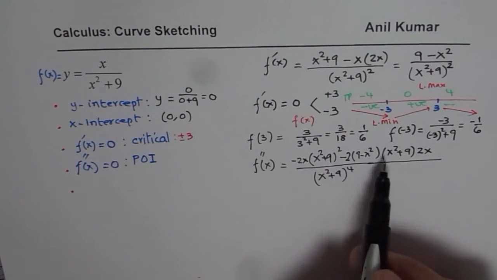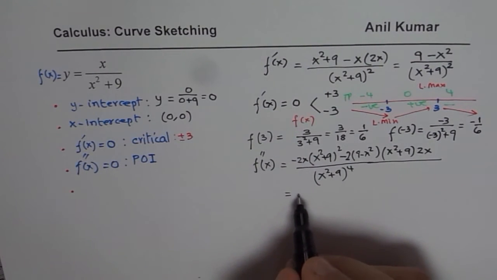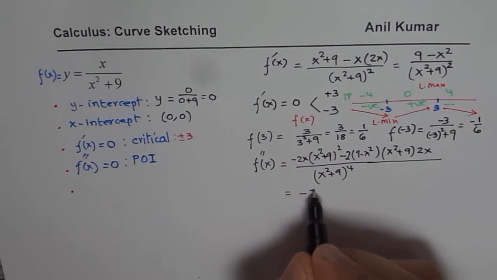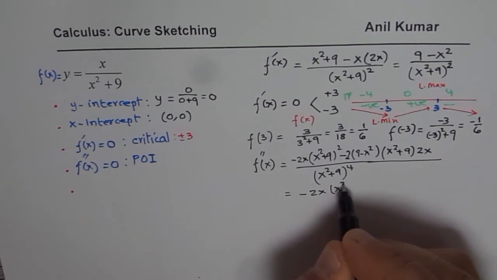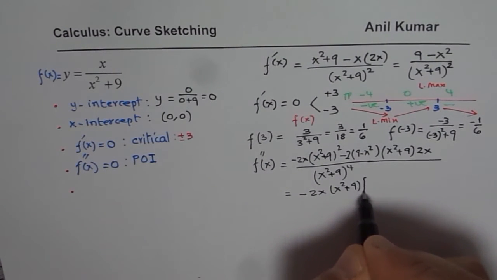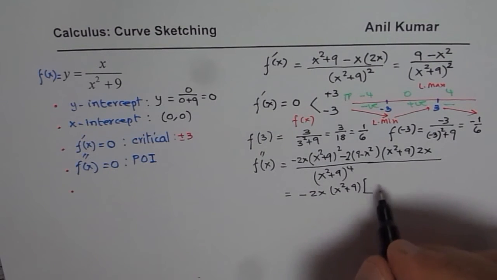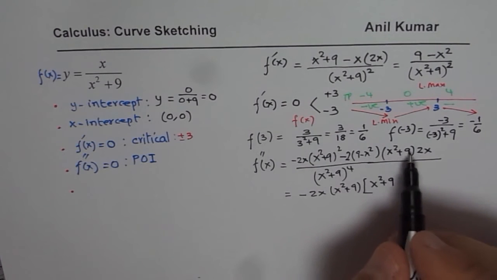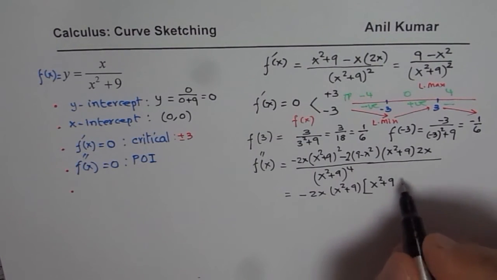So from here we can actually simplify it a bit. We get minus 2x as common. Also x square plus 9 is common. So we are left with x square plus 9 from the first term, and from the second term we are left with 2 times 9 minus x square.